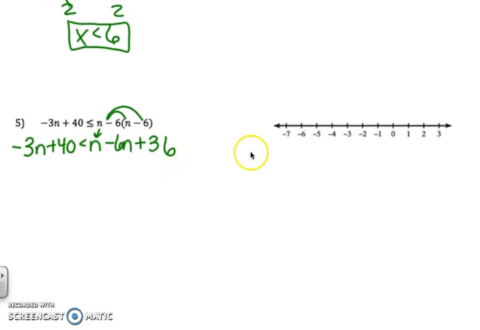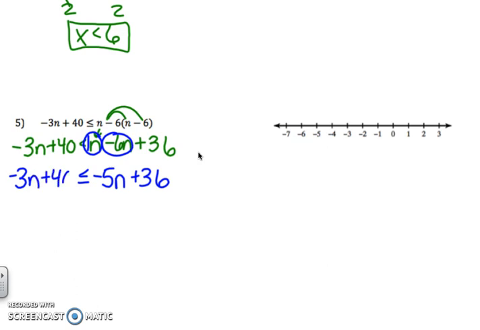So now I still have a lot of terms on the right side. Let me see if I can combine anything. I can combine an imaginary 1n minus 7n. So 1 minus 6 is going to be negative 5n. I'm going to bring everything down. Plus 36, less than or equal to sign, negative 3n plus 40.